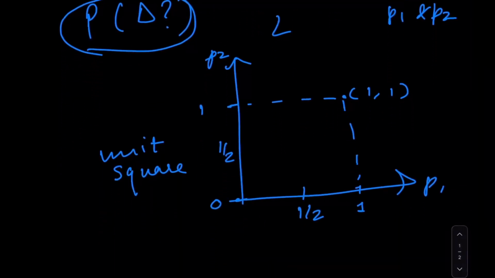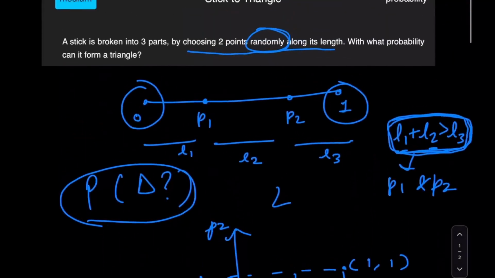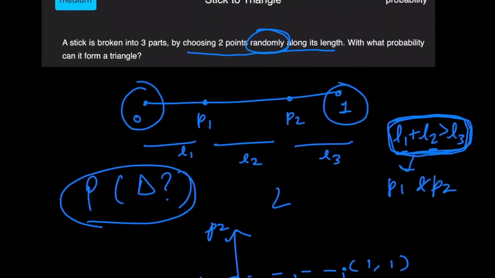if you come to the graph over here and try to bisect this along the 1 by 2 lines, and come back over here for a second. You can see that L1 is basically the distance between 0 and the leftmost of the values between P1 and P2, right? And L3 similarly is the distance between 1 and the rightmost of the values between P1 and P2.